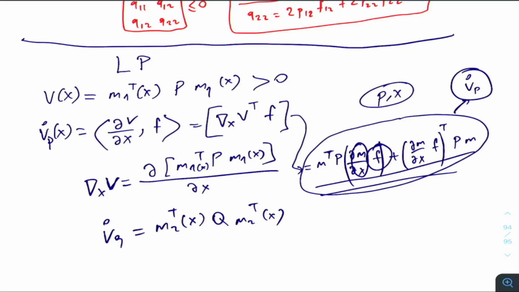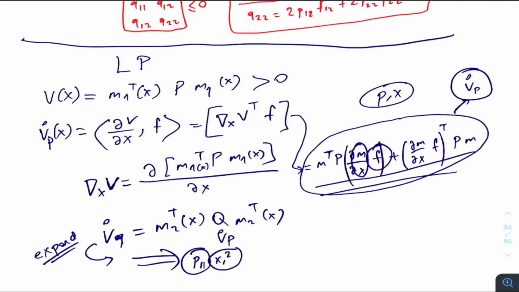After that, we are going to write this V dot Q terms, and as a result of this, we are going to have a polynomial V dot E, where we have E11 times x, I mean some p terms and some x terms.